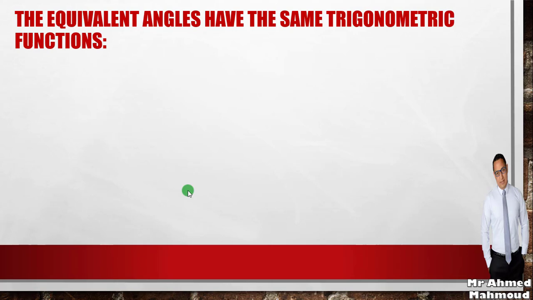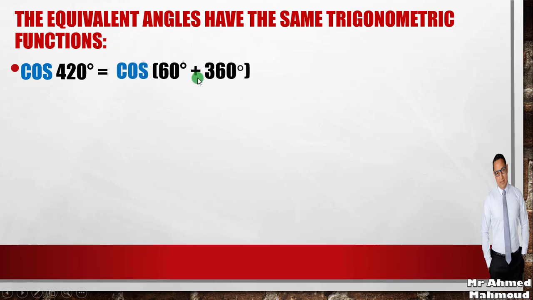Now, for example, if we have cosine 420, I may change this to be 360 plus 60. By subtracting 360, 420 minus 360, we get 60. So I am going to cross out 360 like this to be cosine 60. So cosine 420 is the same as cosine 60.